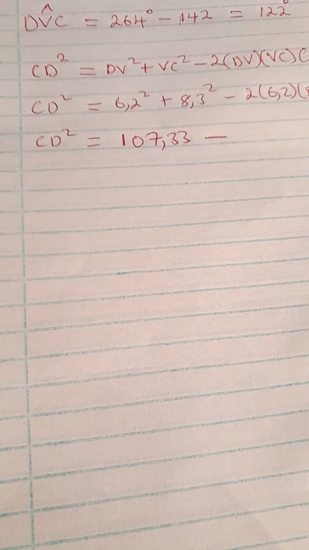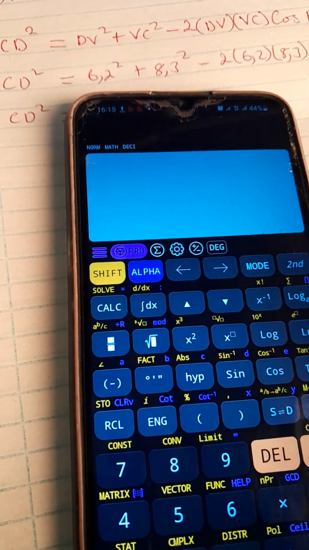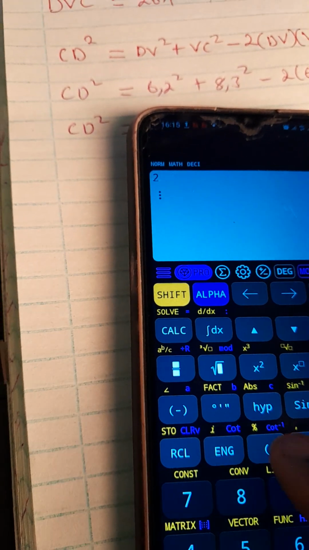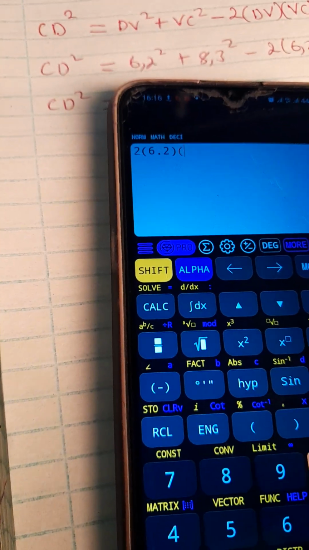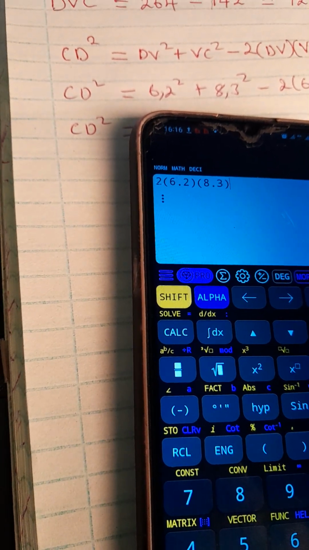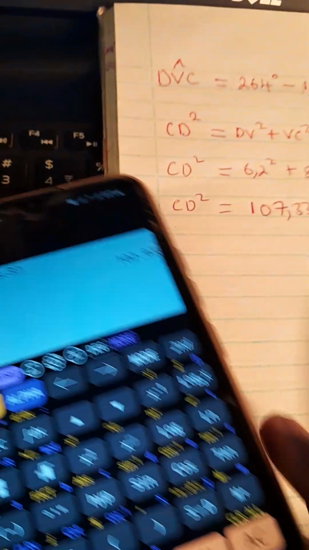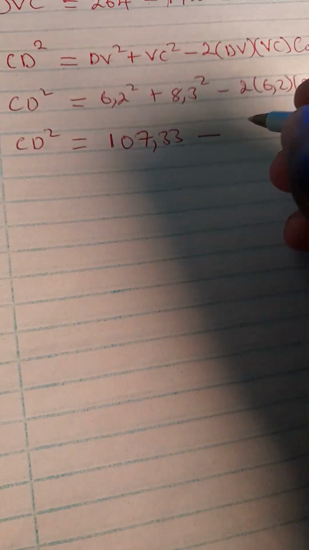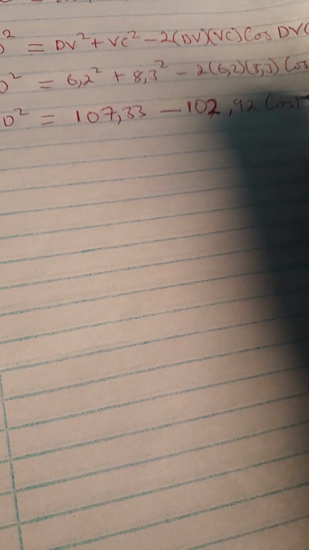107.33 minus 2 multiplied by 6.2 multiplied by 8.3, which is 102.92, then cos 122.